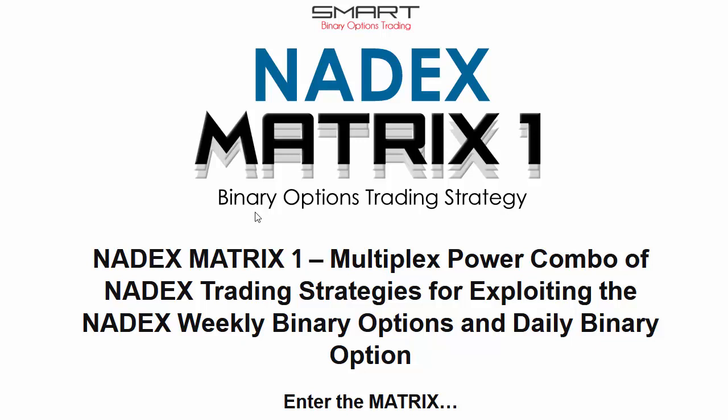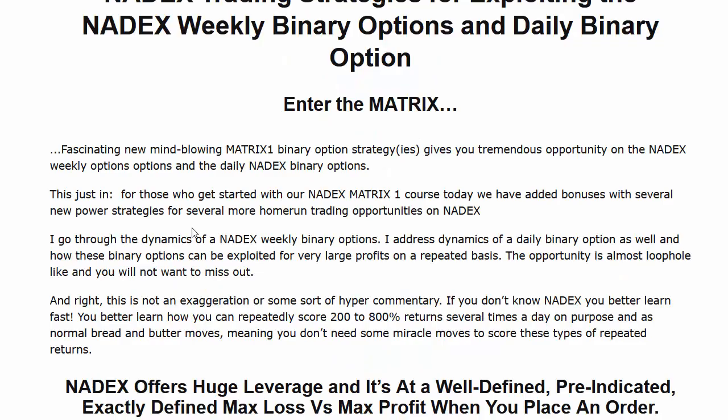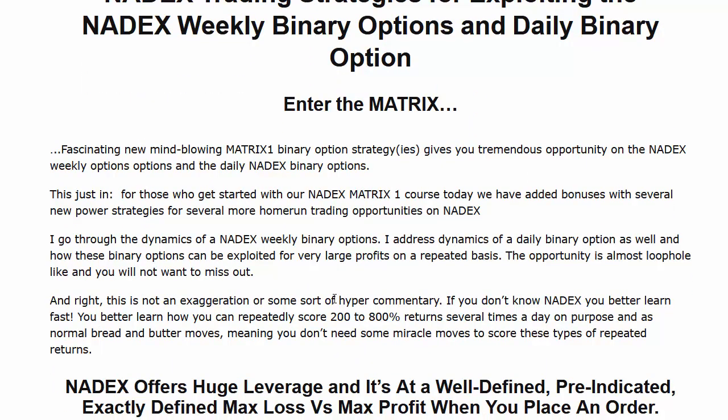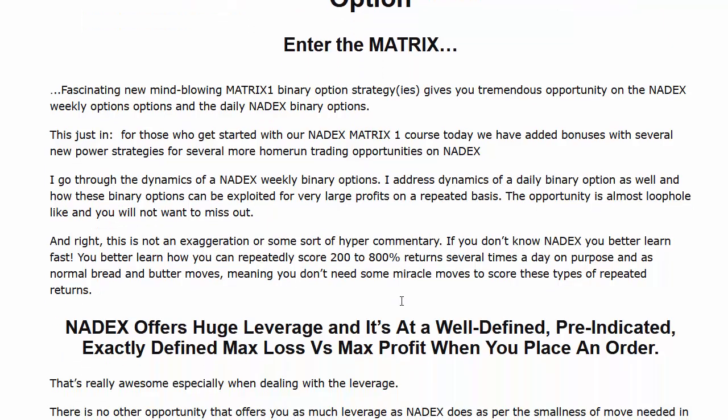But we go into different concepts of money management and returns, and then how to make these 800%, 500%, 1000% returns on a pretty regular basis. It's just how NADEX is built.